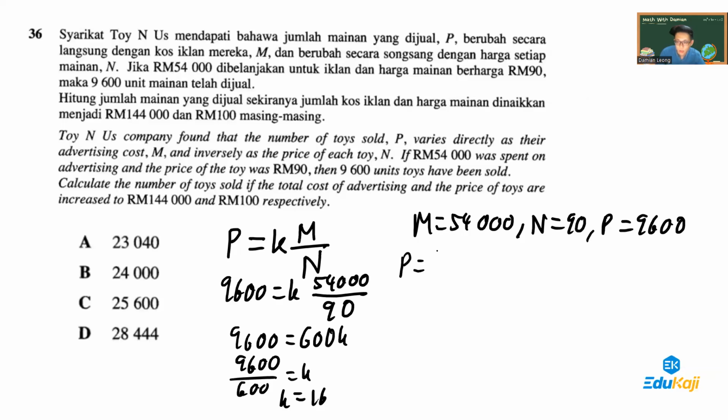So P is 16 times M over N, or 16M over N.